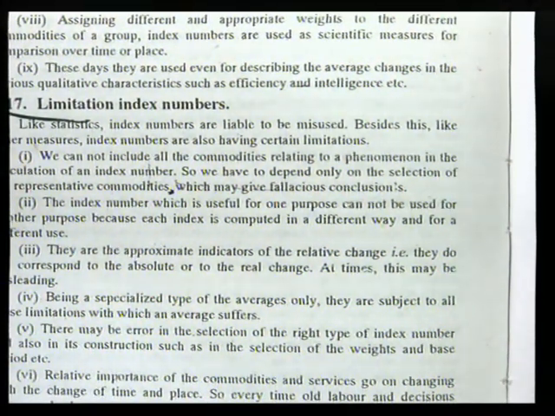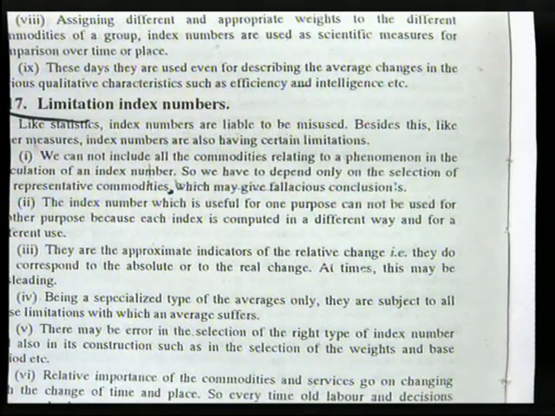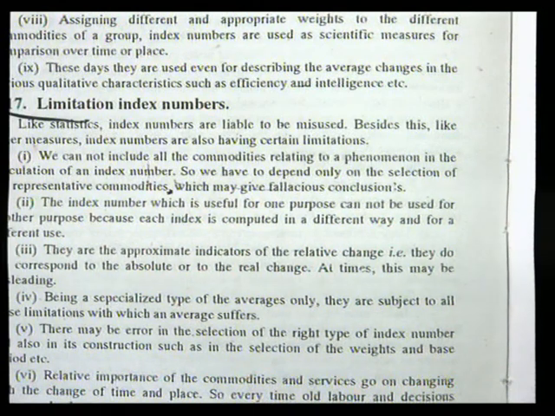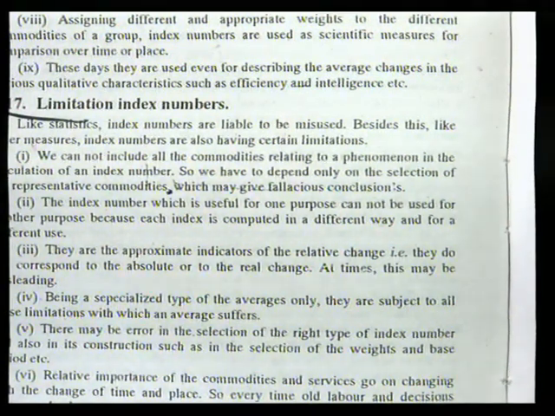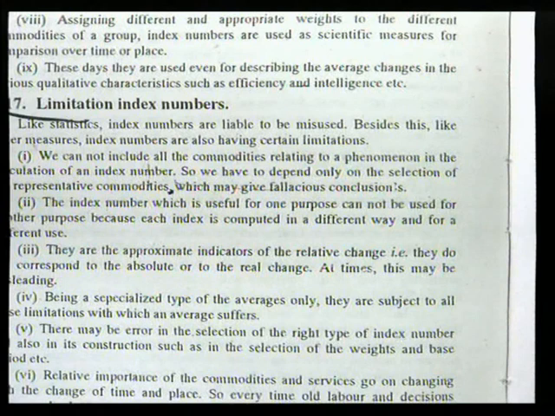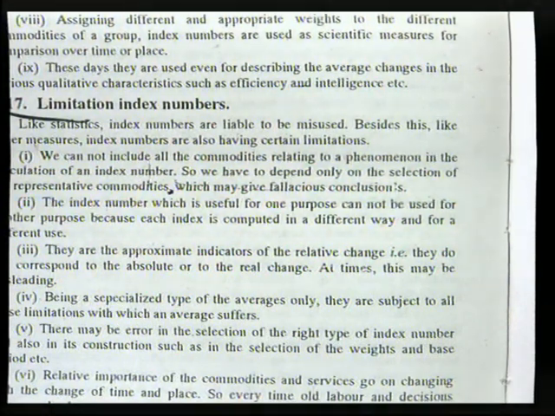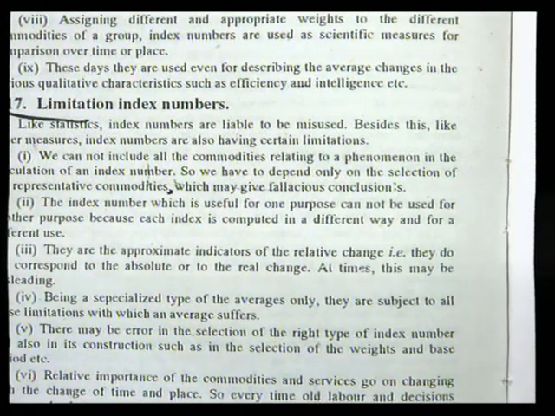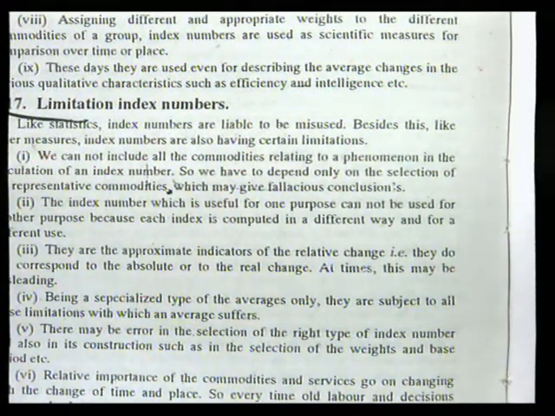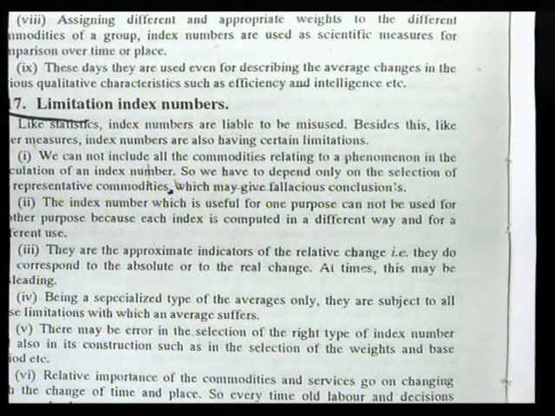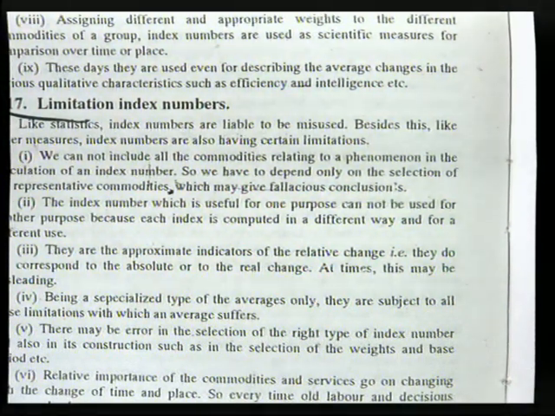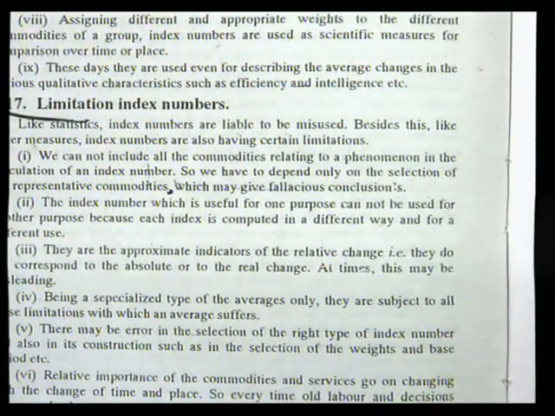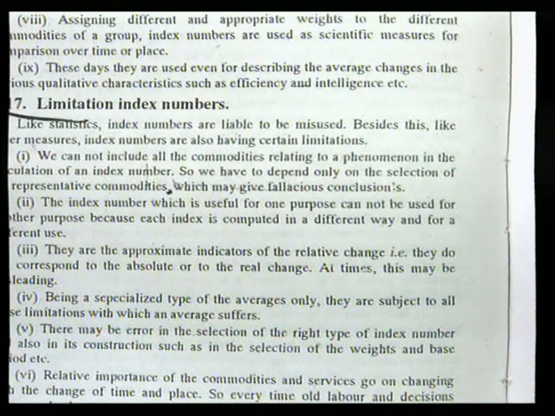There may be error in the selection of the right type of index number, which index number is correct and which is not correct for the particular group, and also in the construction of an index number, such as in the selection of the weights and base period, etc. Relative importance of commodities and services goes on changing with the change of time and place. So every time old labor and decisions become obsolete.